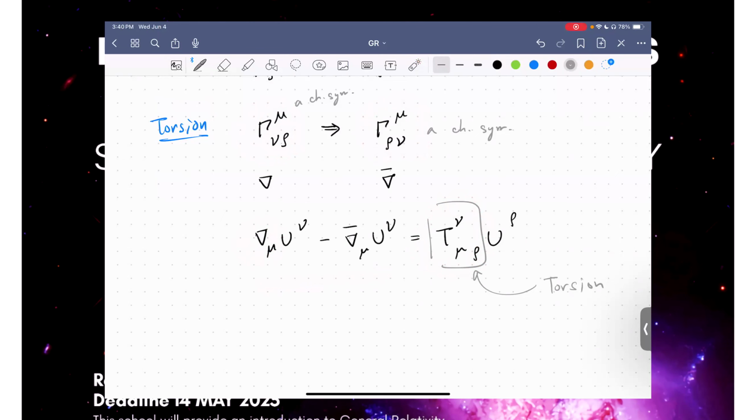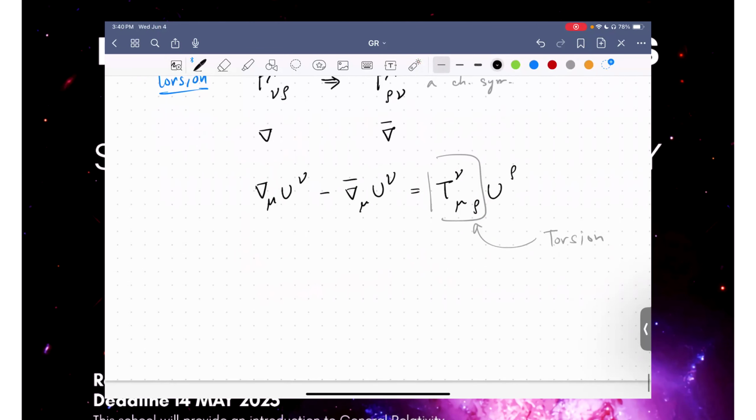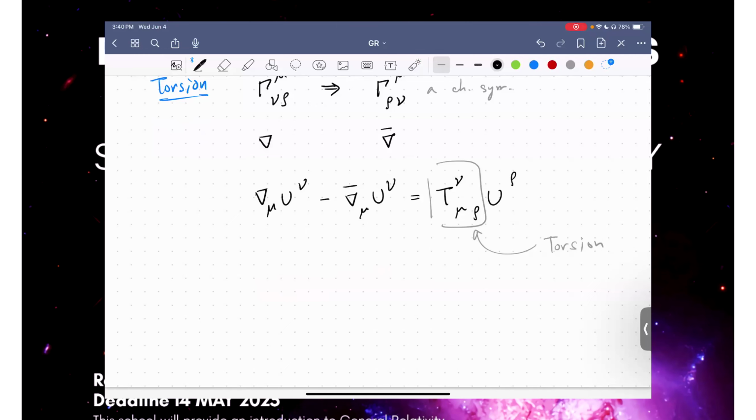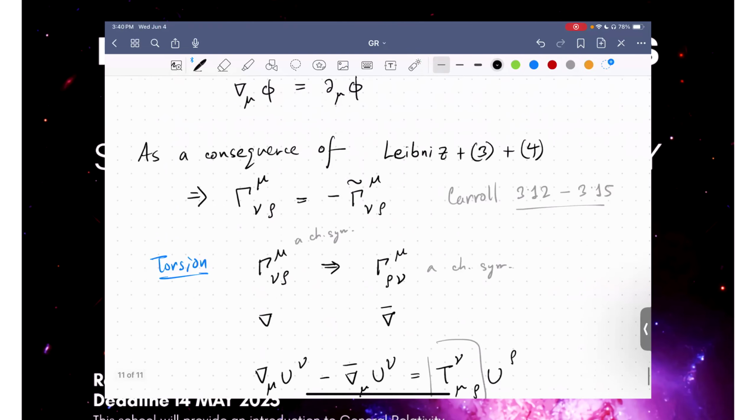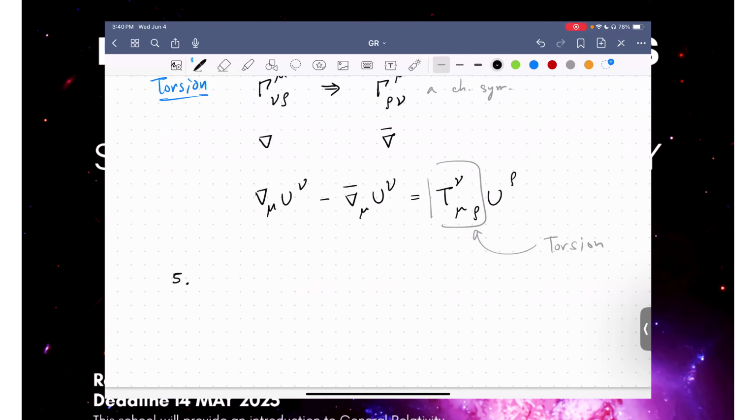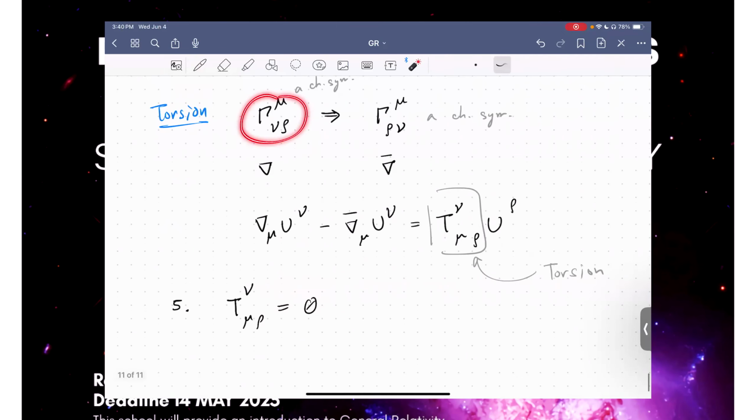Now, for this course, we are only interested in connections such that, this is going to be our number 5 constraint, the torsion is 0. So we only work with Christoffel symbols that are symmetric in these two lower indices, because then if you swap their position, you get the same thing, and so these two are the same, and then the difference is 0.